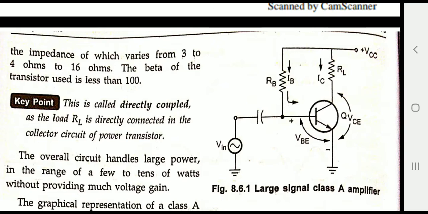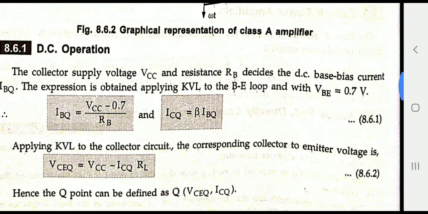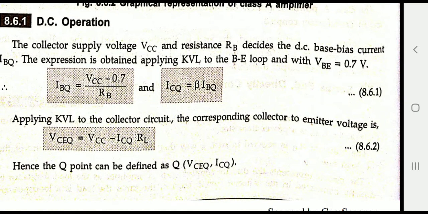First we apply KVL to the input side of the circuit, following the path VCC, RB and VBE. Then we get VCC minus IB RB minus VBE equals 0. If I simplify this, I get IBQ equals VCC minus 0.7 divided by RB.